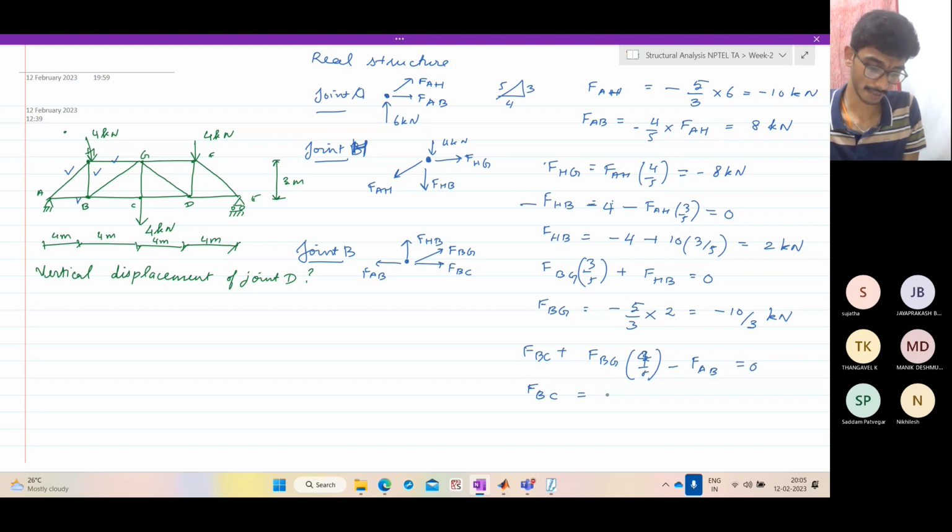FAB is 8 minus, what is FBG? FBG is minus 10 by 3. So it is 8 plus 10 by 3 into 4 by 5, which is 8 plus 8 by 3. So it is 8 into 4 by 3, so 32 by 3 kilonewtons.